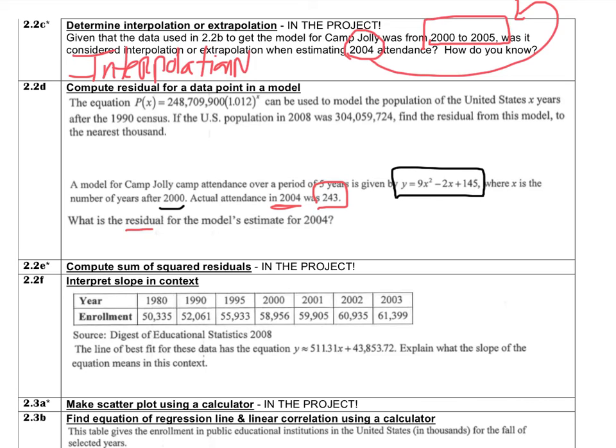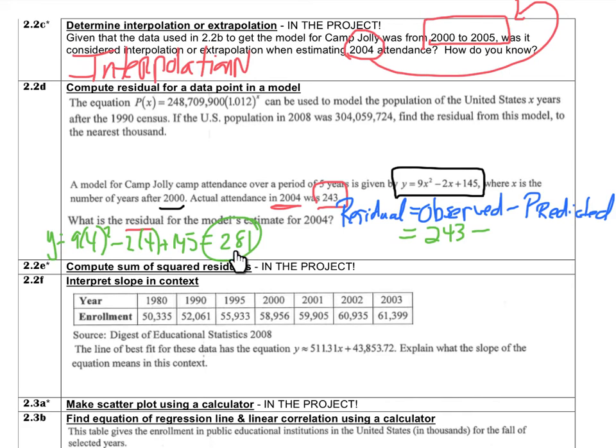So remember the definition of residual. Residual is observed minus predicted. Now in 2004 they actually observed 243 people were there, so we know this amount. So let's go ahead and fill that in. For the residual, it's going to be 243 minus the prediction. We did find the prediction on the earlier learning objective, and what we did, remember, was just put in 4 for X. And remember, our prediction was 281.